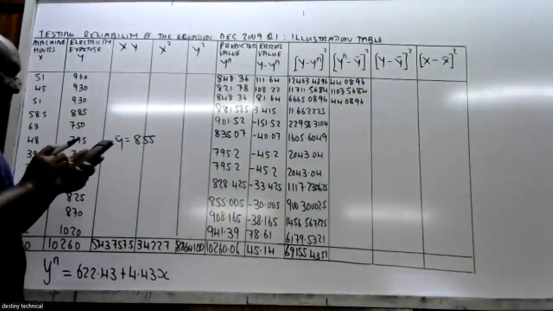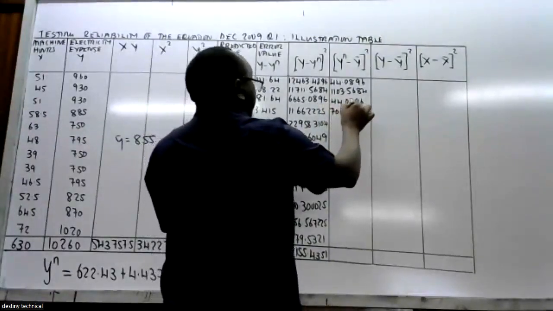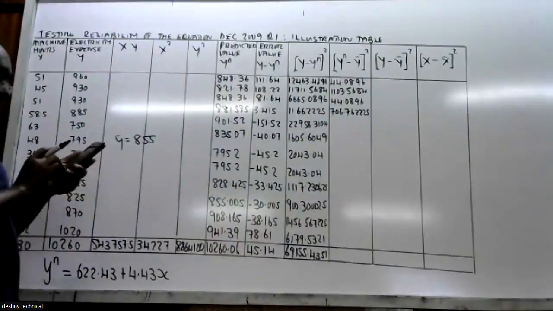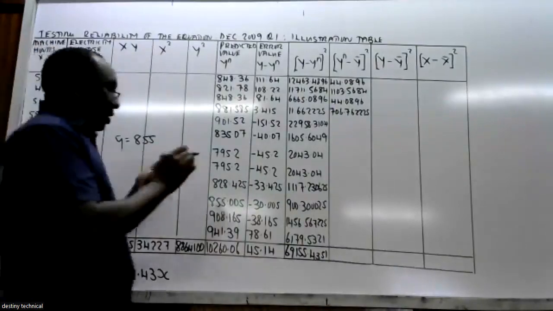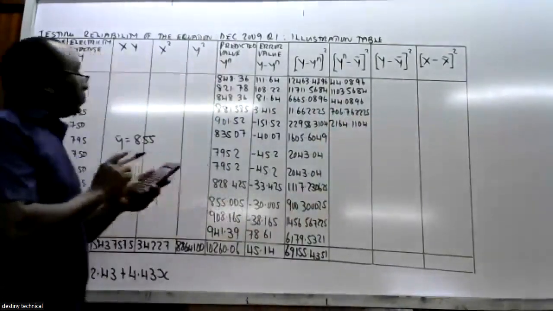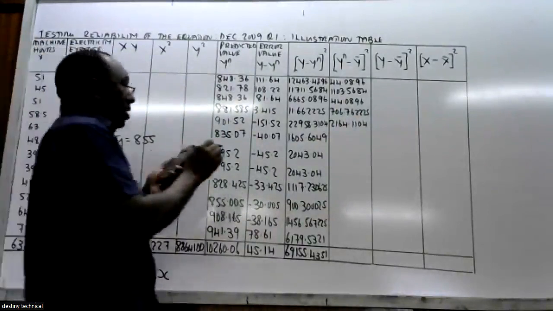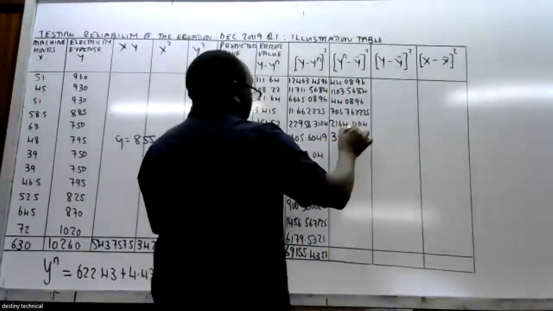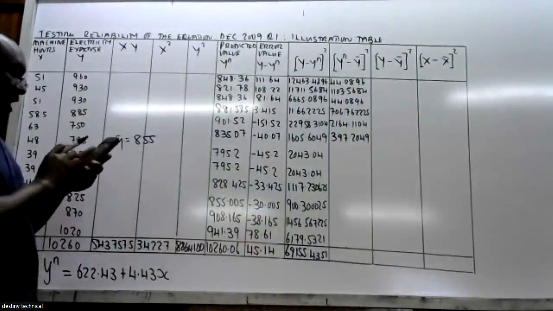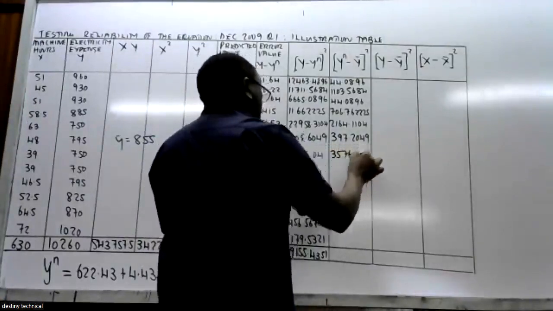881.585 minus 855 square is 706.76225. 901.52 minus 855 square is 2164.1104. 835.07 minus 855 square is 397.2049. 795.2 minus 855 is 3576.04.